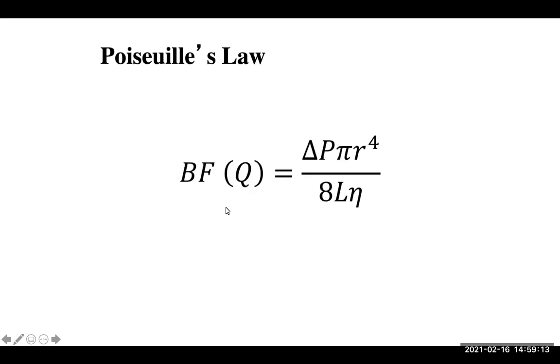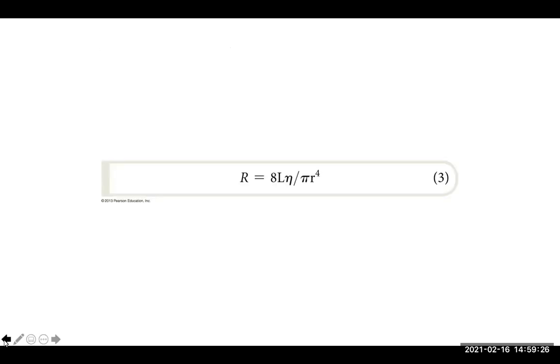The relationship was developed by a French physician named Jean-Léonard Poiseuille. And again, it tells you that resistance equals 8, I'm sorry, 8 times L, which is the length, times eta, divided by pi times the radius to the fourth power.